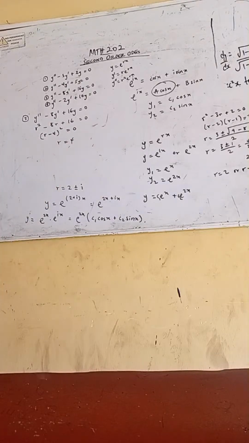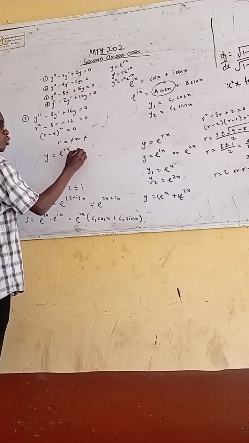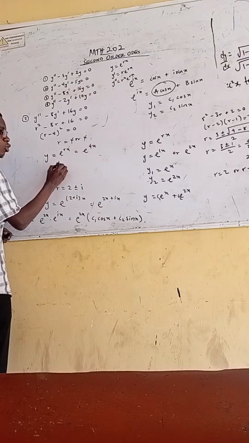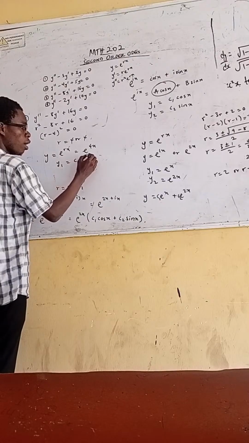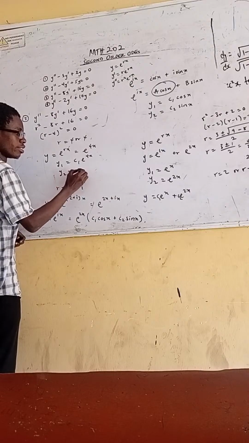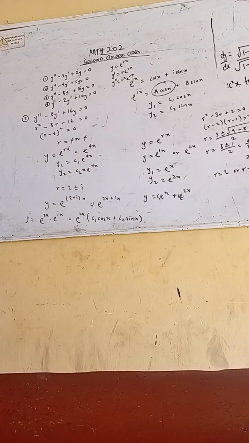Can you see something like this now? r equals 4 or 4. So we can now say y equals e raised power rx, which equals e raised power 4x. So my y1 will now be c1 e raised power 4x, and my y2 will now be c2 x e raised power 4x.